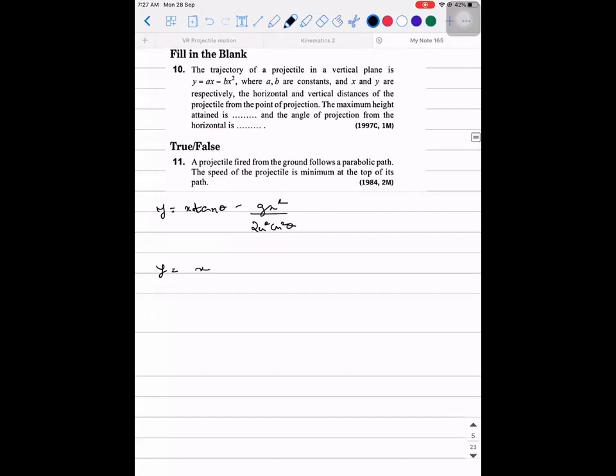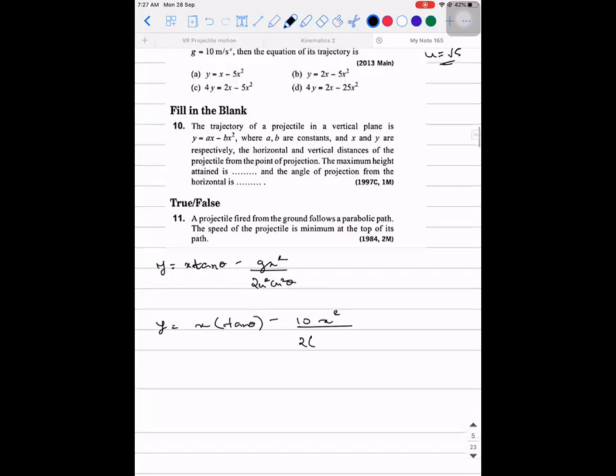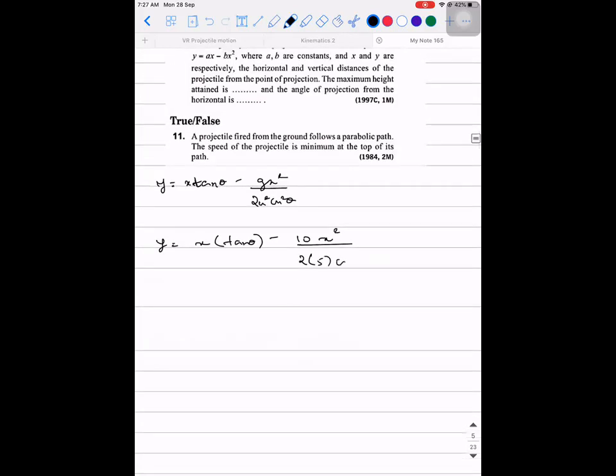y will be equal to x into, we don't know what is tan theta, minus 10 into x square divided by 2 into u square, that is 5, into cos square theta. How to find this tan theta and cos theta?